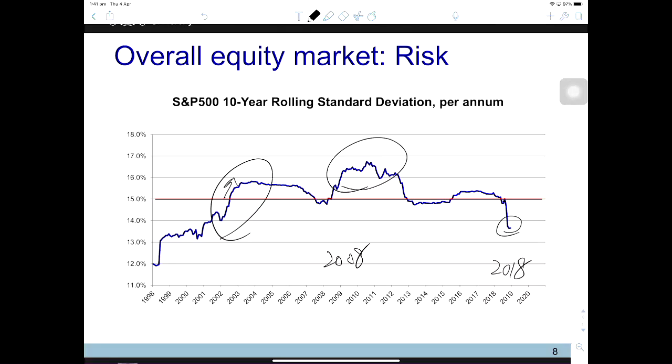It's going to drop out of the calculation. So that's why you see the drop in the 10-year rolling standard deviation starting from 2018. That reflects the impact of the global financial crisis. Market standard deviation in the US is quite stable.